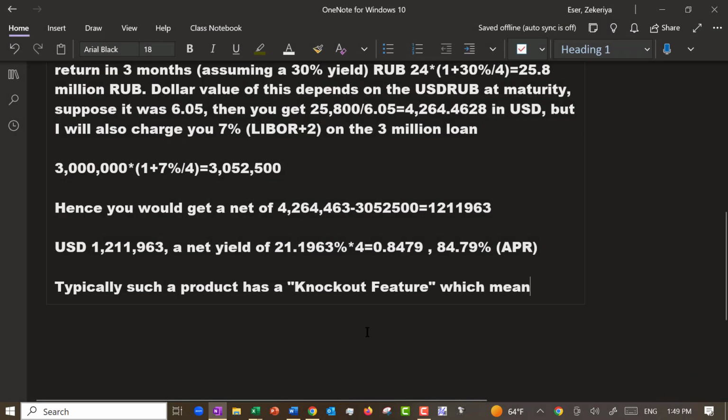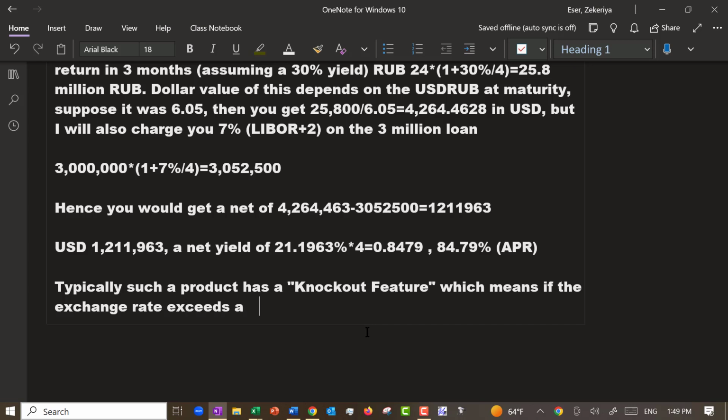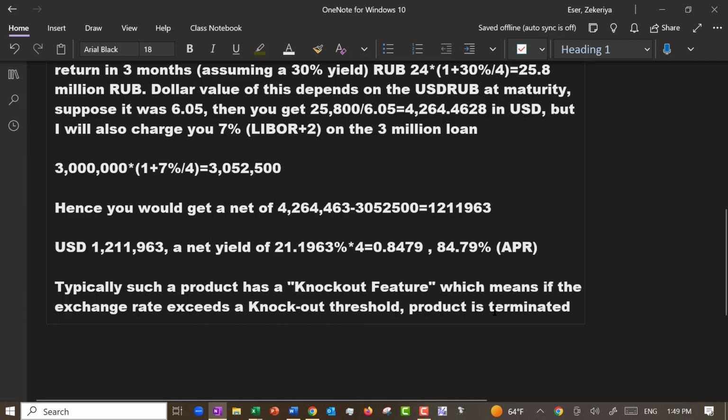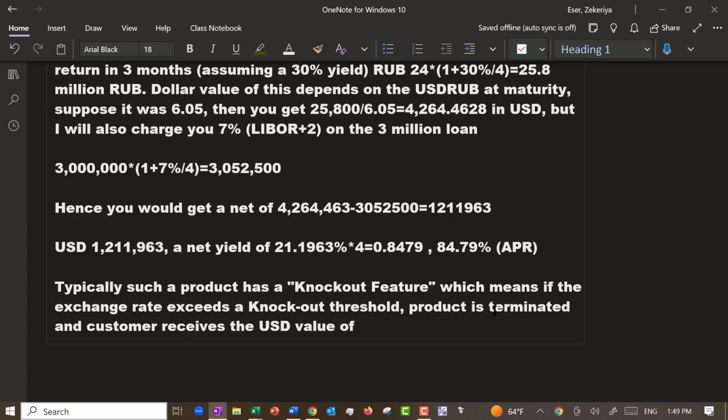Which means if the exchange rate exceeds the knockout value, the product is terminated and the customer receives the US dollar value of the assets at the time.